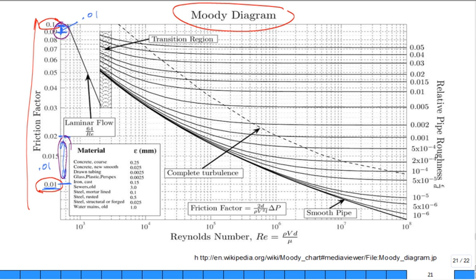Now, does it cover a whole range of numbers or just a much smaller range than the Reynolds number on the x-axis? Remember, this is factor of 10, factor of 10, factor of 10. It's roughly only one factor of 10, isn't it? But they still put it on a log scale.